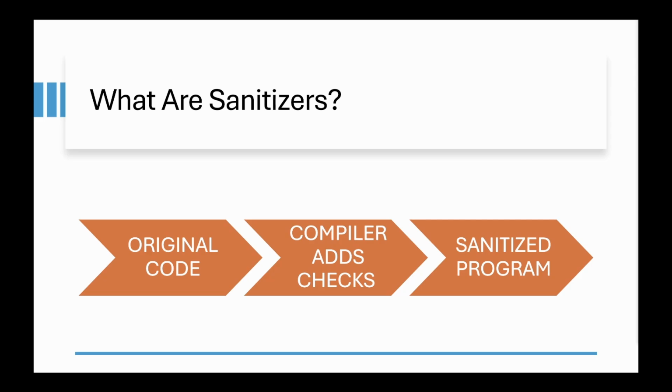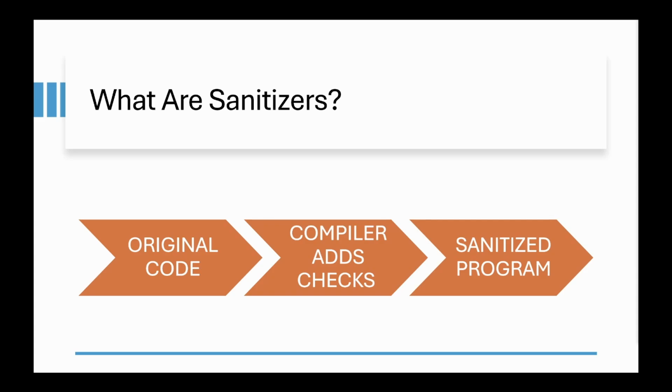And some examples, as I said, with like you're just compiling a program. It could be memory errors, undefined behavior, or detecting type confusion. And when the compiler builds a program with sanitizers enabled, it inserts additional checks throughout the code.